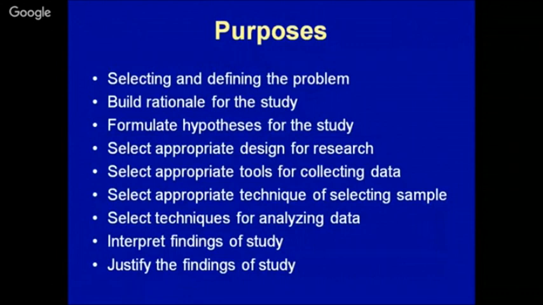So even the interpretation of your results has relationship with the studies which you include in the review of related literature, and you can thus justify the findings of your study. So these are the major purposes. So you can see not even a single aspect of research is left.